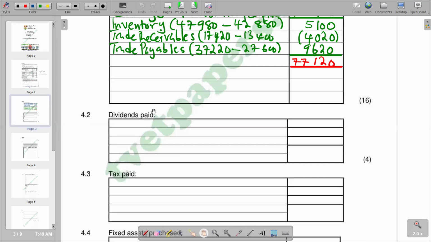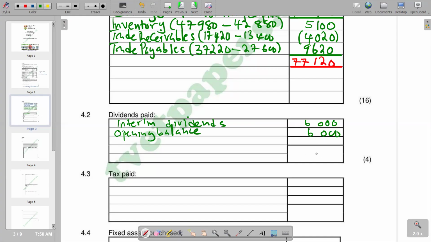Just summarize that on our answer section, whereby we say interim dividends, we got 6,000. And then we say opening balance, also 6,000.